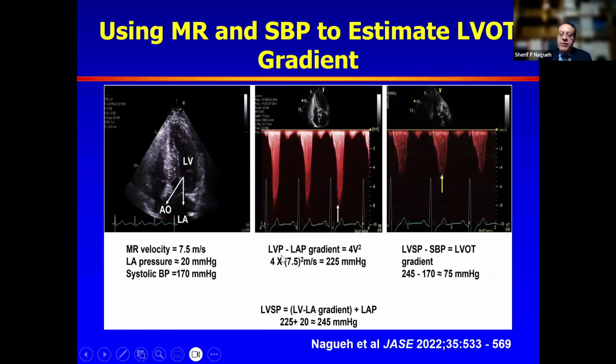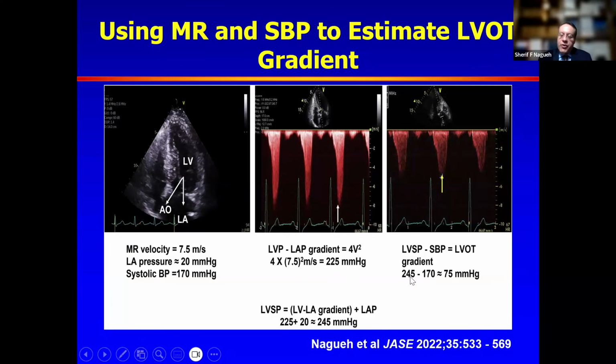So we say the difference in pressure between the ventricle and the atrium is given by that modified Bernoulli expression, 4V squared. And since we know that the peak velocity of the MR is 7.5, we will say that the ventricular pressure is at least 225 millimeters mercury. So if we know that the pressure difference is 225 and we add the left atrial pressure to that, which is 20, we end up with a systolic pressure of 245.